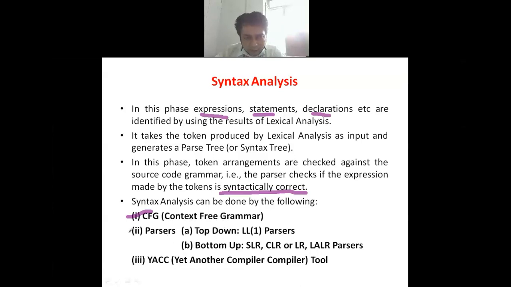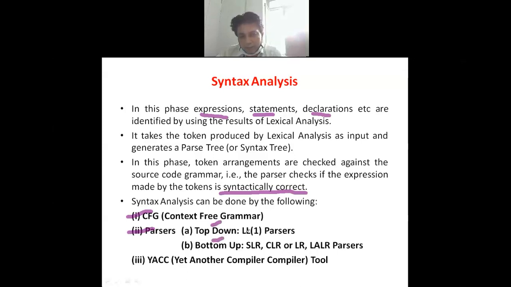And this is the most important part of compiler design, as well as in your GATE exam. Many of the questions in GATE come from the parser, and the parsers are basically divided into two types. First is top down parsers, and the other is bottom up parsers.